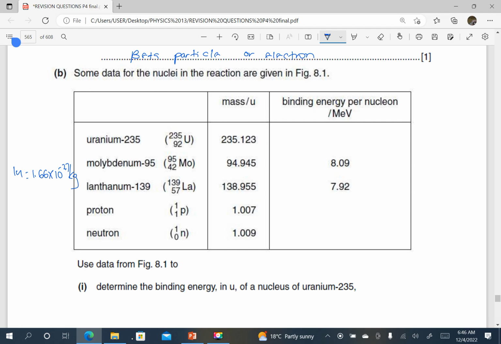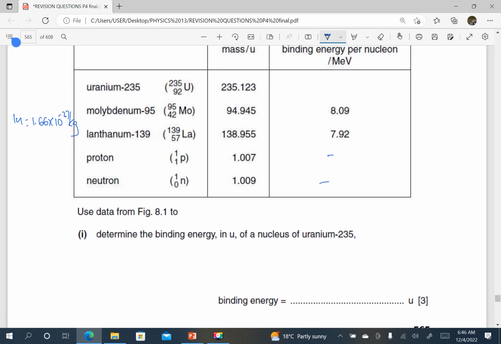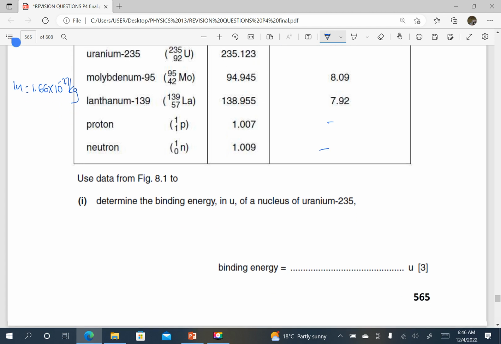So uranium was given, molybdenum, lanthanum, proton, neutron. Of course, protons and neutrons do not have binding energies. We don't expect them to have binding energies, because binding energy involves separating nucleons. Now, a proton is a nucleon, a neutron is just a nucleon, so don't expect them again to be separated.